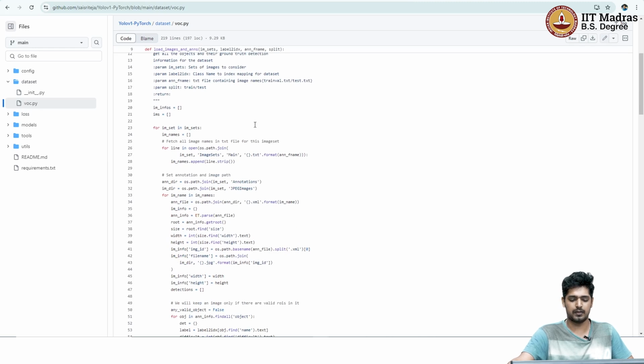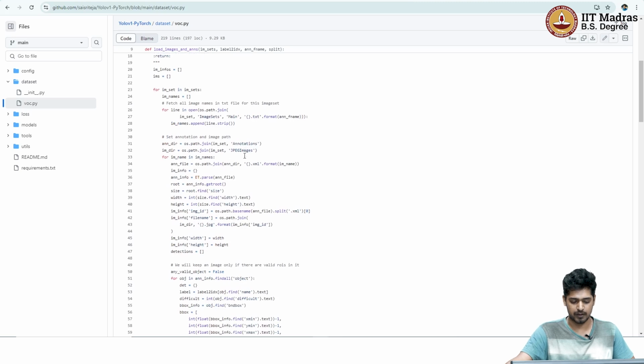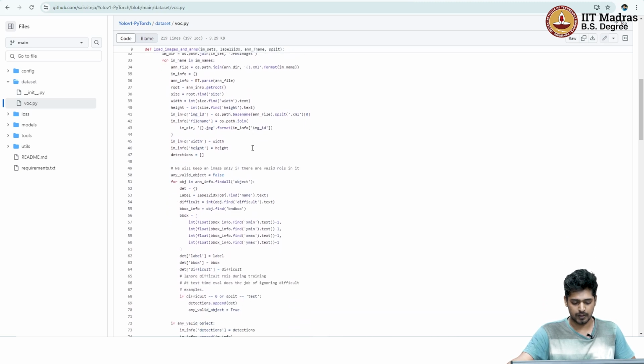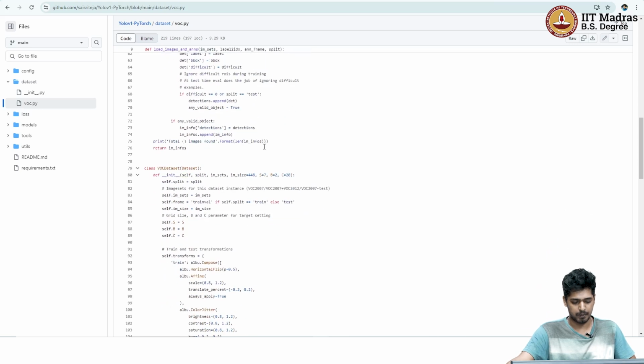Over here I have it in text format given by the official Pascal VOC. So I'm taking their dataset. I have XML files, images and text files. I am trying to get all the image names from the text and then the respective information about the boxes from the XML files. So what I do is I borrow the information from all the XML files with the given image IDs, and then I prepare my dataset.